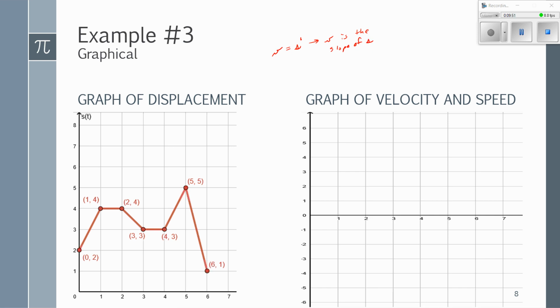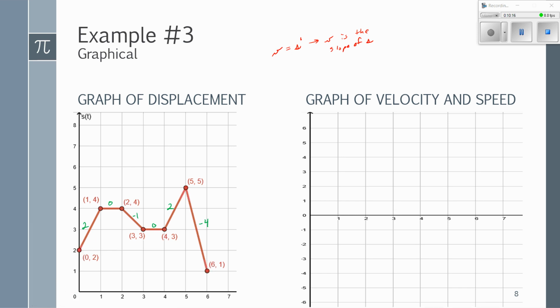So if I think of this then as I'm graphing slope values, I'm going to, on my graph of my displacement, just figure out all my slopes. So this has a slope of 2, this is a slope of 0, -1, 0, +2, and -4.